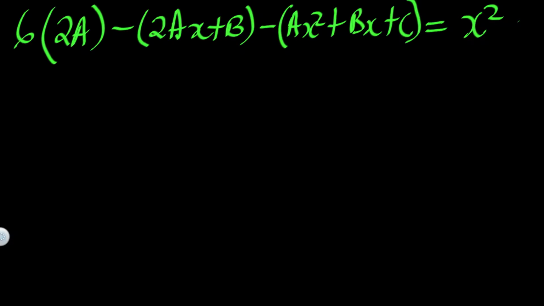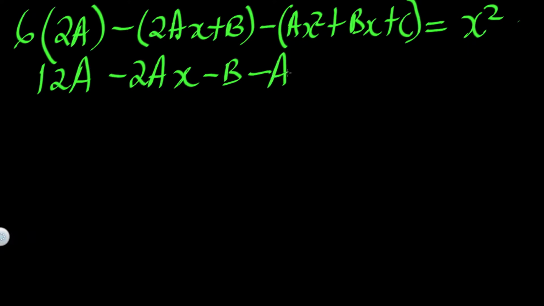Let me simplify the left hand side. If we simplify here, we get 12a minus 2ax minus b minus ax squared minus bx minus c. This is equal to x squared.